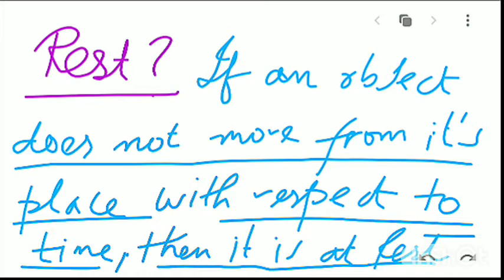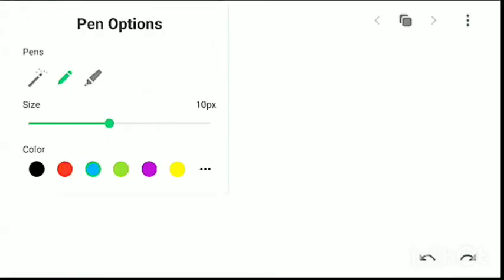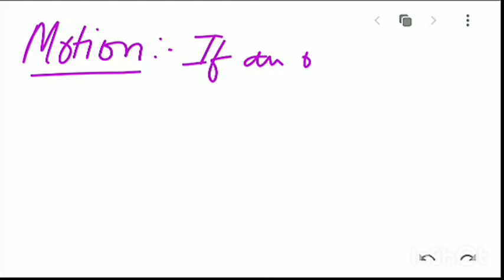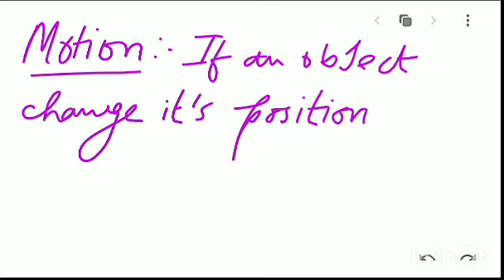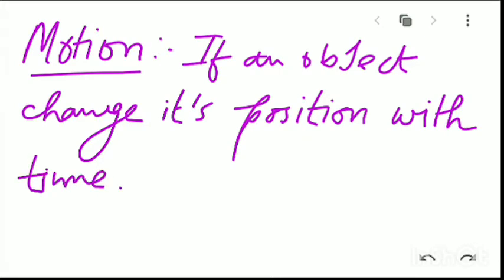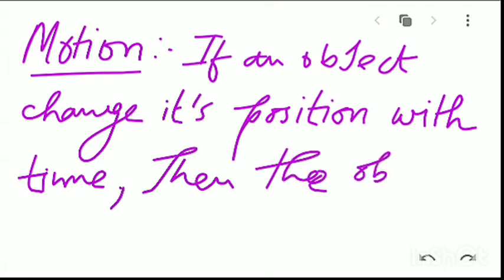And similarly, you can also define motion. I think it is very clear to all of you already that if I ask you what is motion, the answer is very simple: if an object changes its position with time, then the object is in motion.